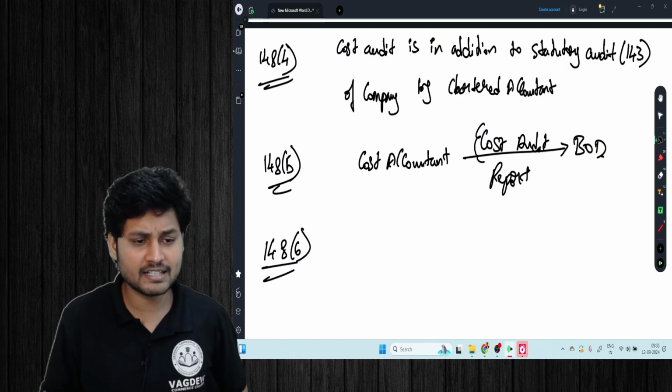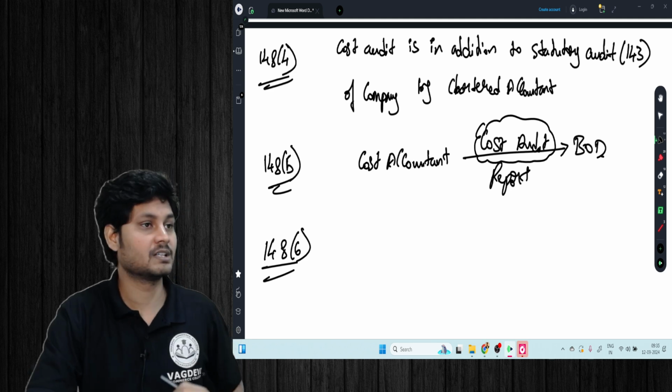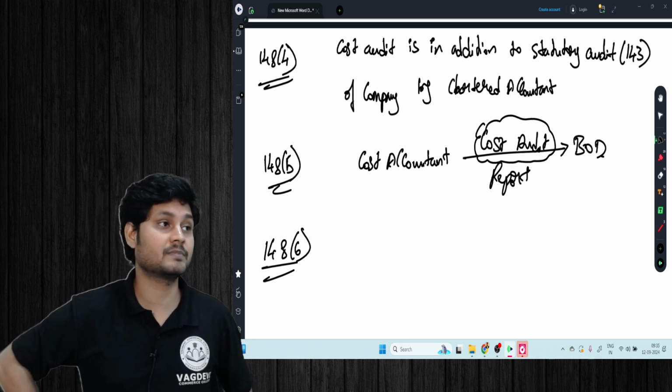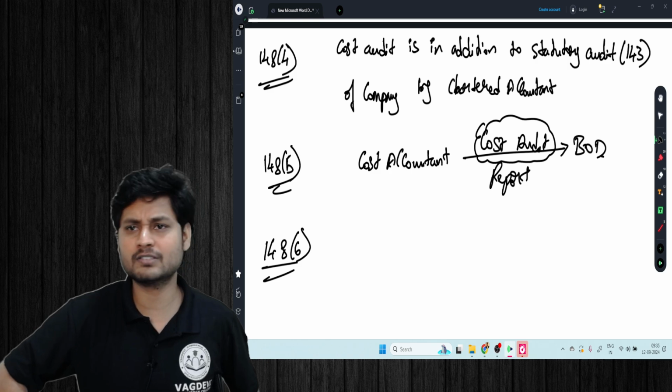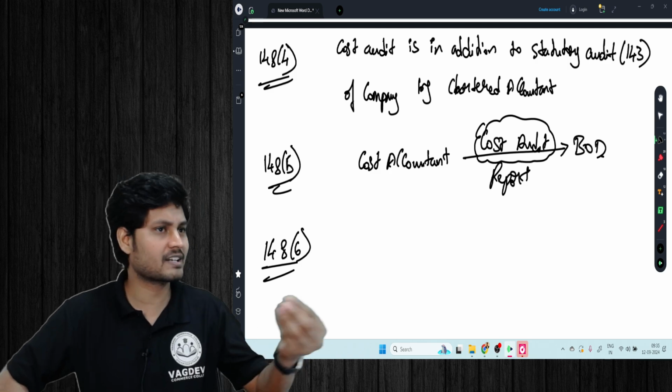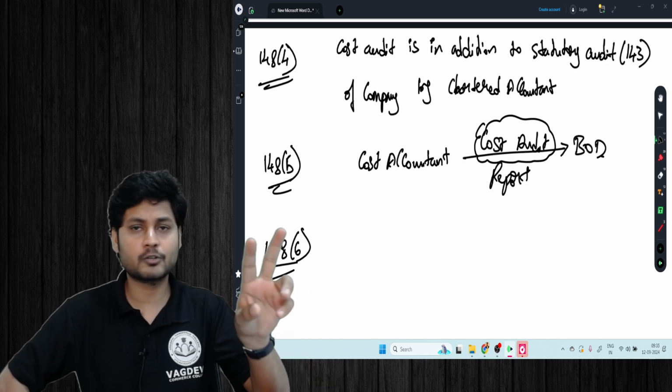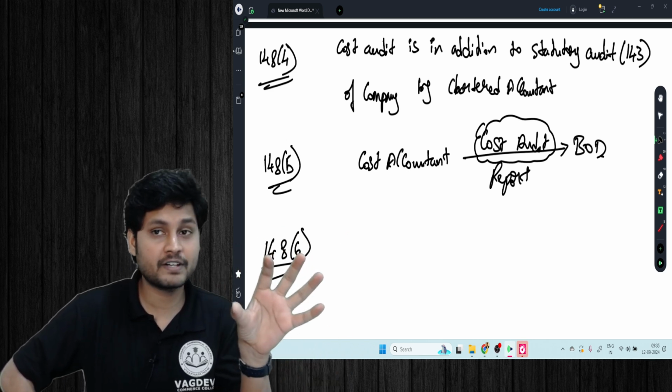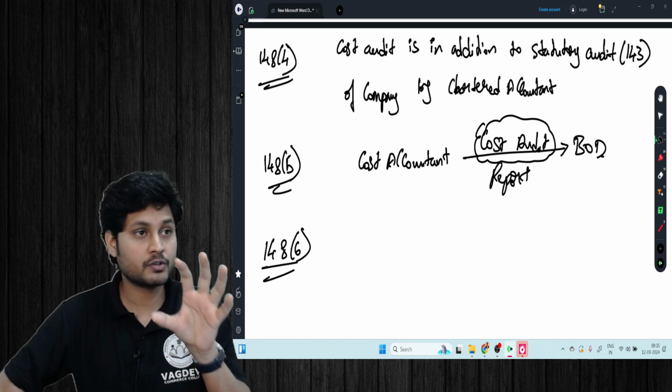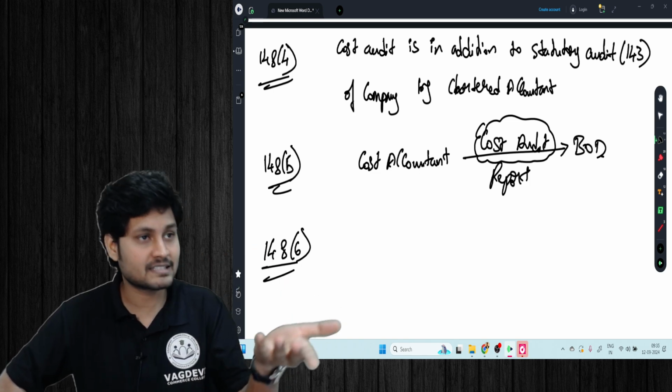Here the cost accountant has given the cost audit report. The cost audit report may contain certain qualifications. What is qualification? Qualification or reservation. So there are two types of reports: modified opinion and unmodified opinion. If you want to give a modified opinion, there may be some reasons.